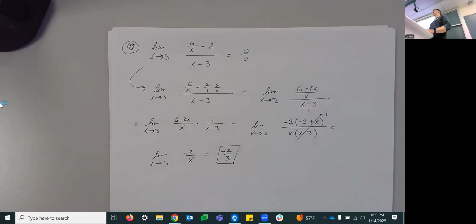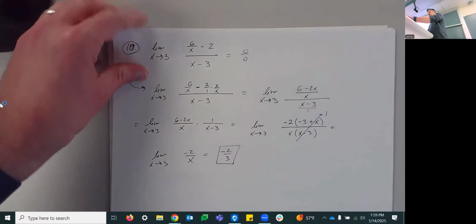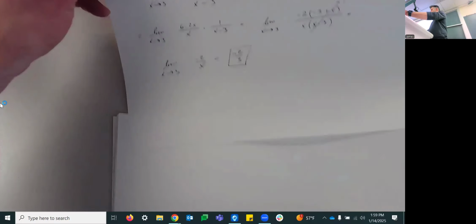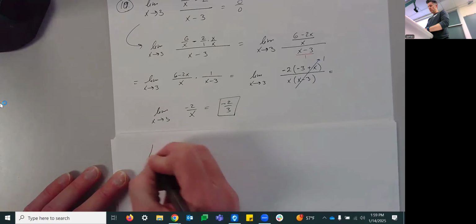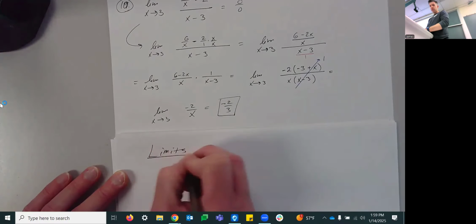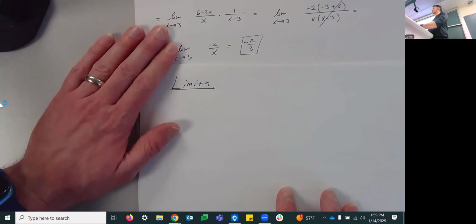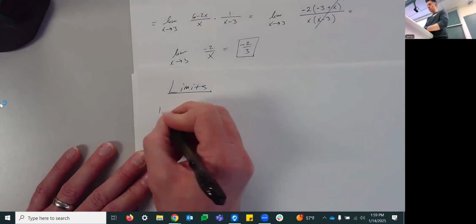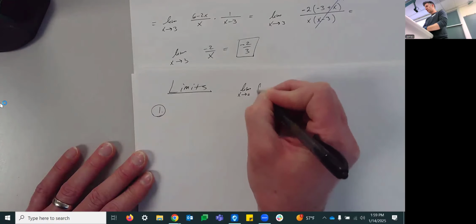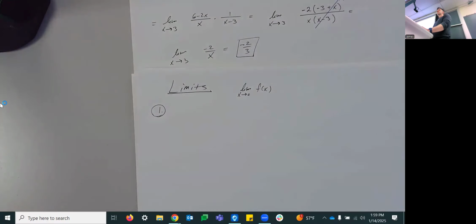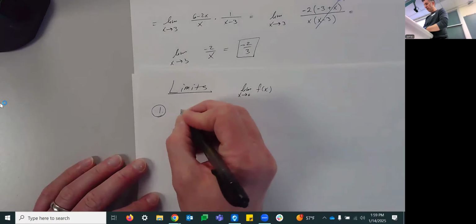So here's what I would say about the things we've done so far. We often refer to these as the algebraic techniques for dealing with the 0 over 0 limits. What do we do? The first thing you should do for the limit as x approaches a of some function f of x is, one more time, plug it in.